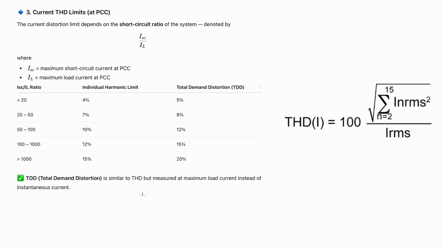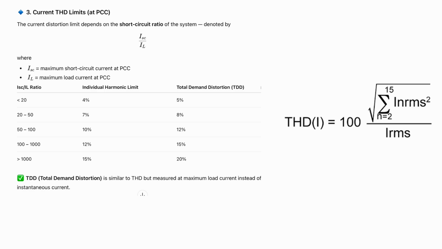So now let's clearly differentiate between voltage THD and current THD, because both are important but represent different things. Voltage THD tells us how much the voltage waveform is distorted. It depends on system impedance and harmonic current flowing through it. Even if your source voltage is clean, when harmonic current passes through a system impedance, small voltage distortion appears.